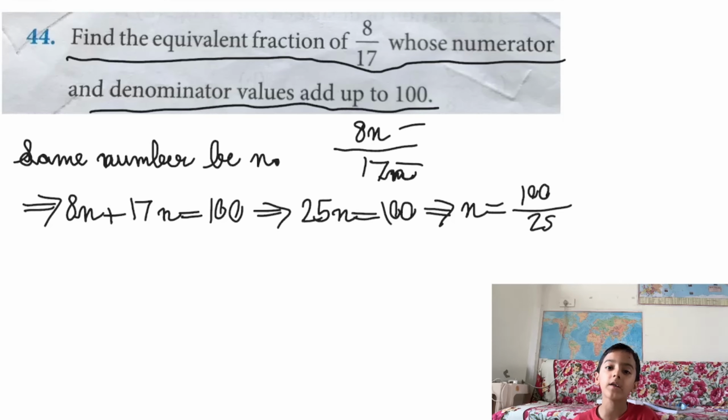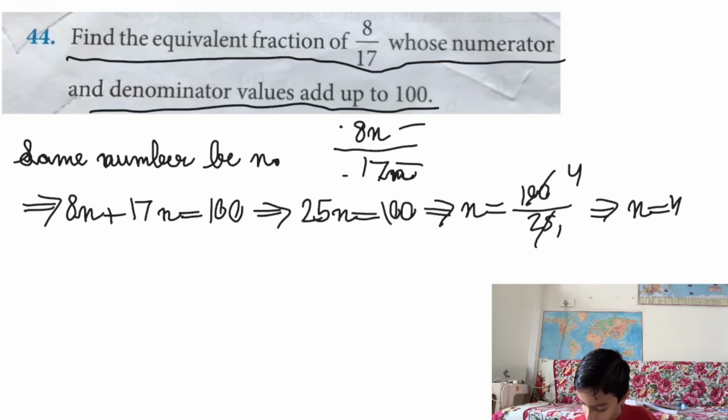Here we'll simplify this fraction by 25. 25 1s are 25, 25 4s are 100. So here we can imply that n is equal to 4. Now we'll put the value of n in this expression, which is 8n by 17n. So here it will be 8 multiply 4 by 17 multiply 4.